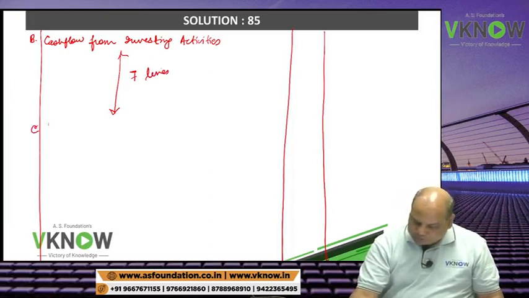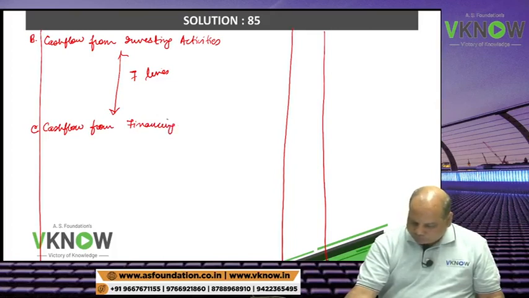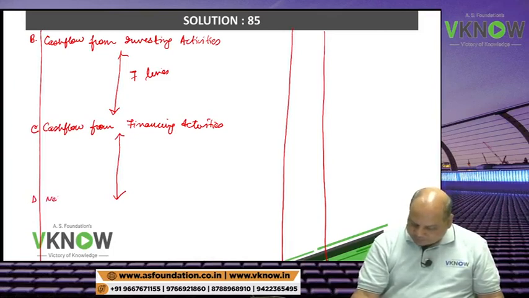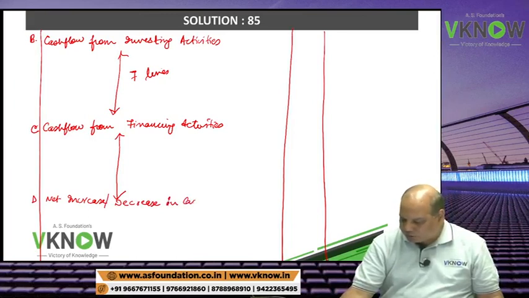Point number C, cash flow from financing activities. Keep 7, 8 lines blank. Point number D, net increase or decrease in cash and cash equivalent.